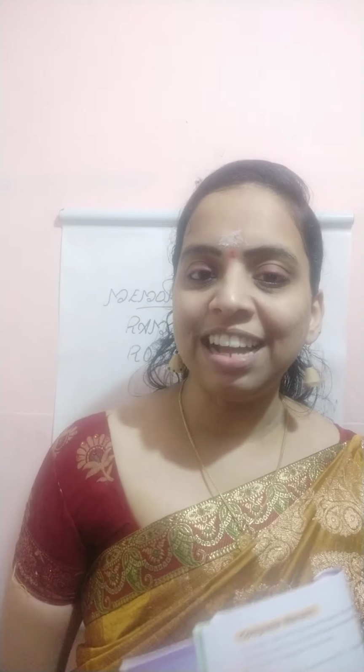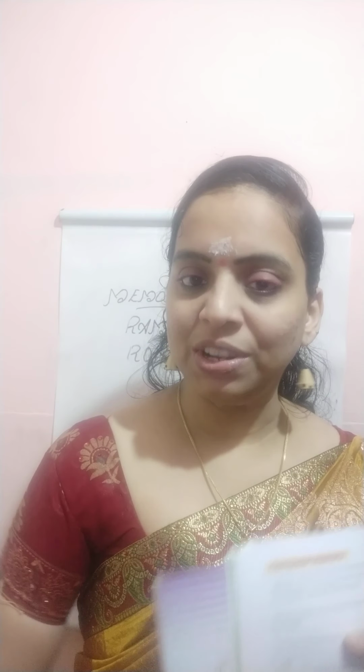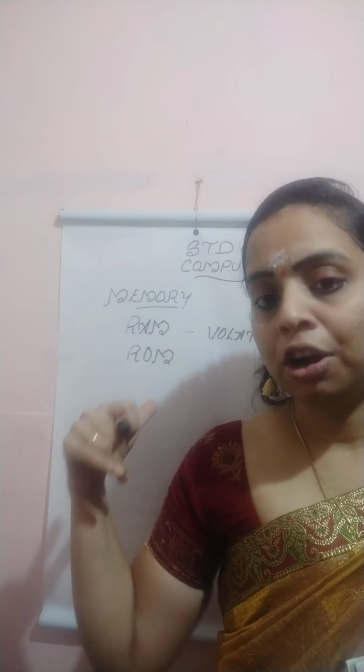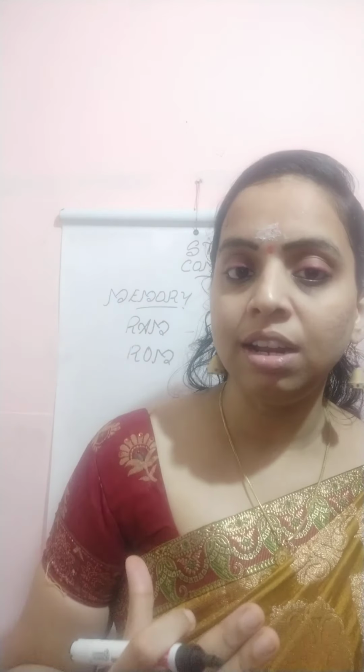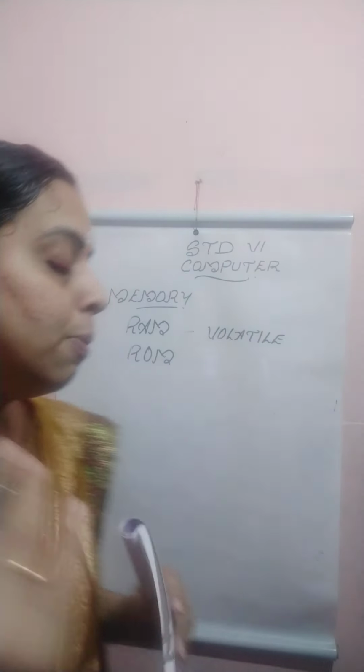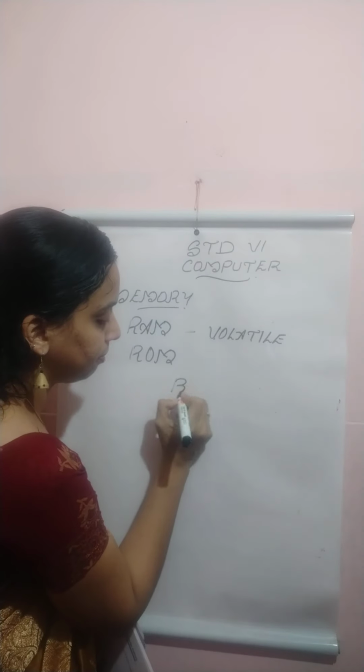See, when we are sleeping and our mother comes and calls us, we need some time to get energetic. Like that, when we give power to the computer, this computer also needs some wake up instructions to make all the devices come to their normal mode. Those instructions are stored in this ROM memory, and that startup instructions are known as boot sector instructions.